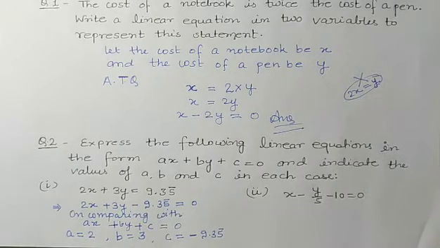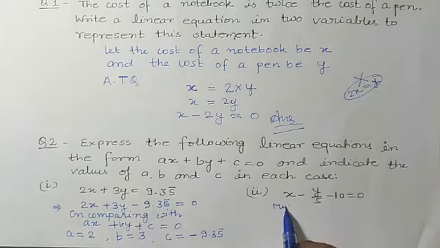Okay students, so like this we can solve these types of questions. Firstly we will write it in the form of ax plus by plus c is equal to 0, and then we will tell the values of a, b and c. Like students, in this question, firstly we have to convert it into the form. So how can we convert this question into the form of ax plus by plus c is equal to 0?